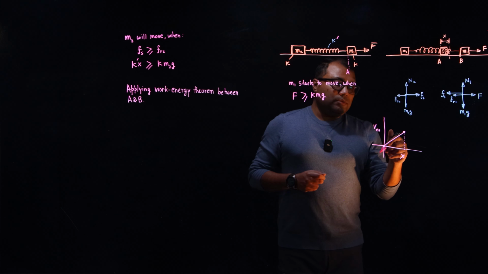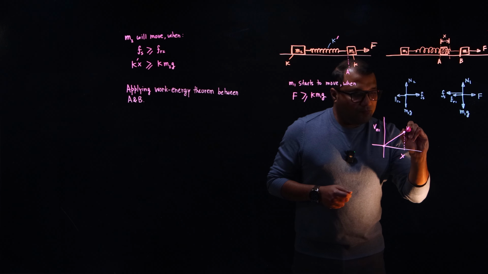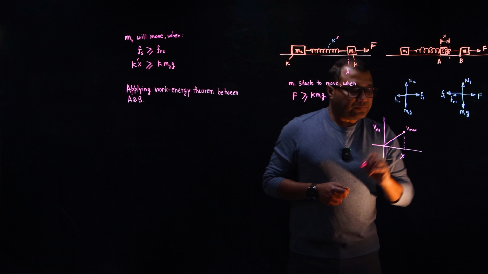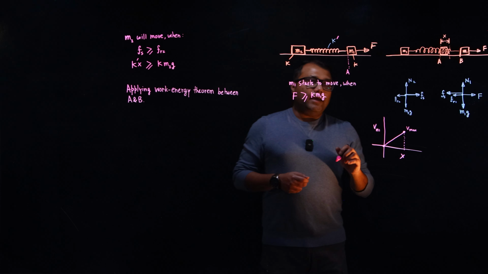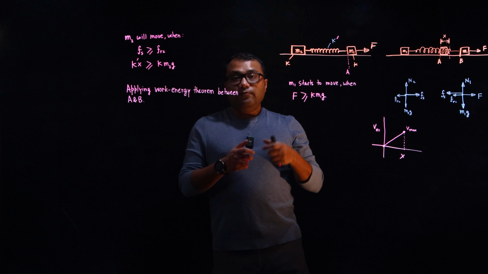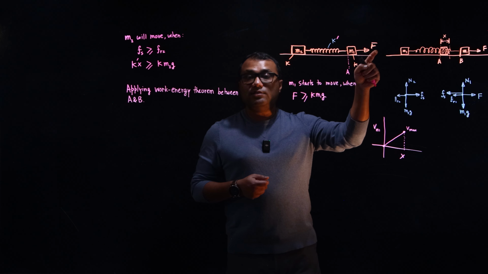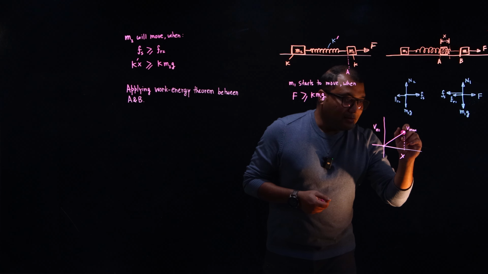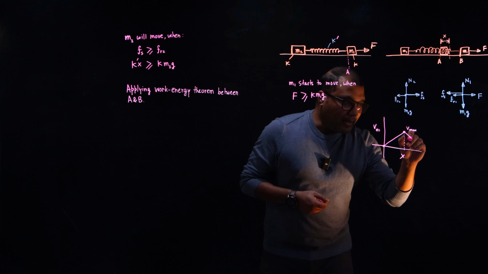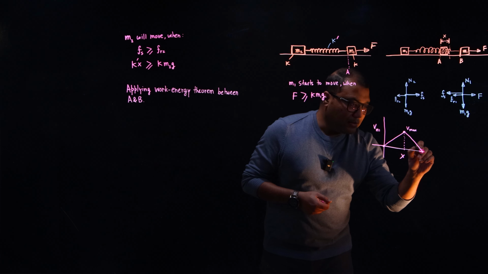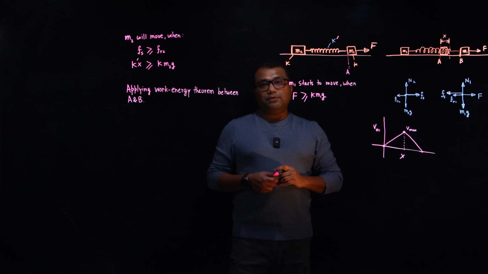Okay, so that is when the maximum velocity is reached. And then the spring force takes over. Takes over means it is more than this F. So then there is deceleration and slowly the velocity again comes to 0.